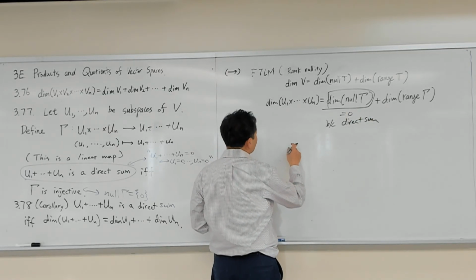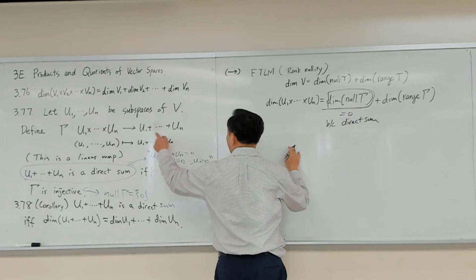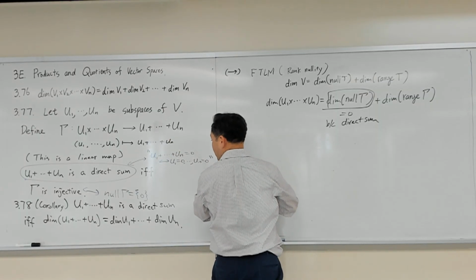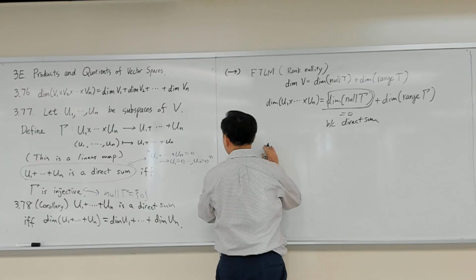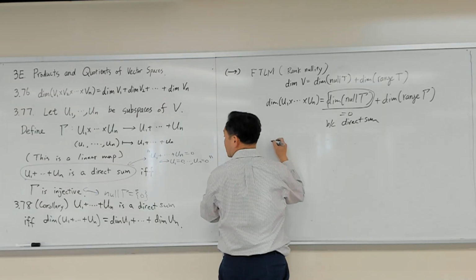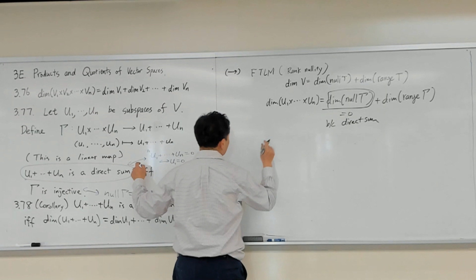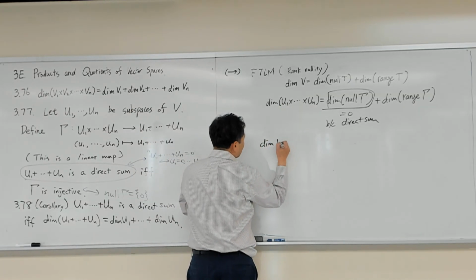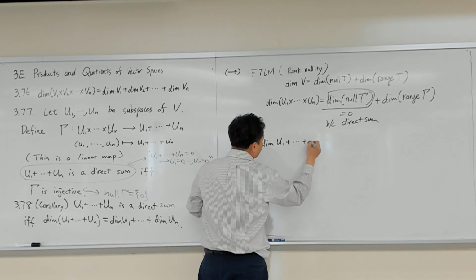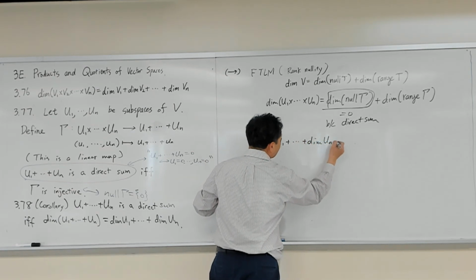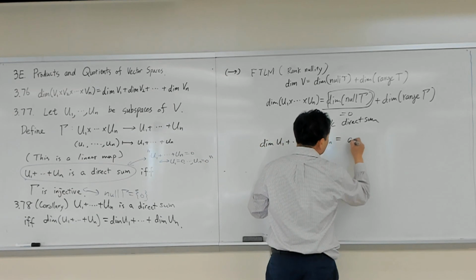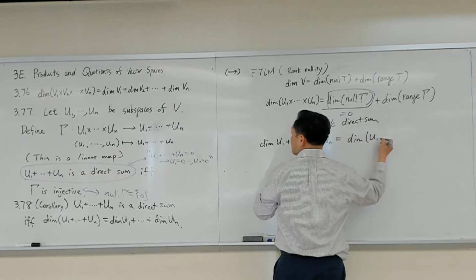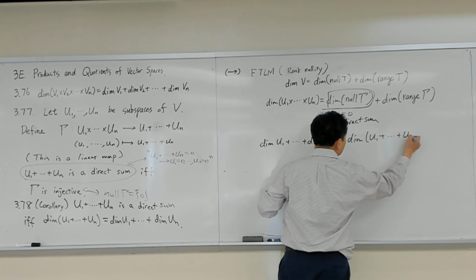The range is this guy, and also this is the same as this one, so the dimension of U1 plus ... plus the dimension of UN equals the dimension of U1 plus ... plus UN.